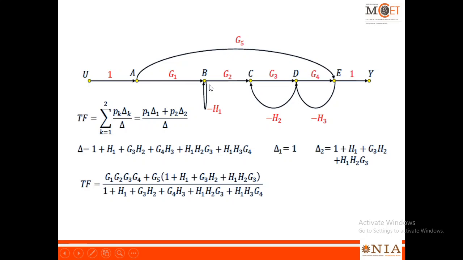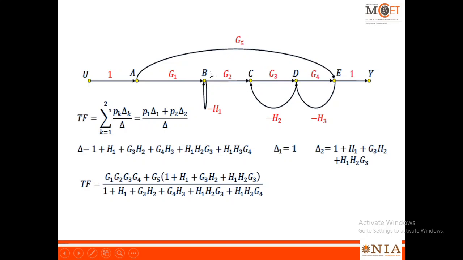This individual loop does not touch the second forward path. Do you see that? This is the second forward path. So this individual loop and this loop do not touch the second forward path. So from this point to this D point, it does not touch the second forward path.